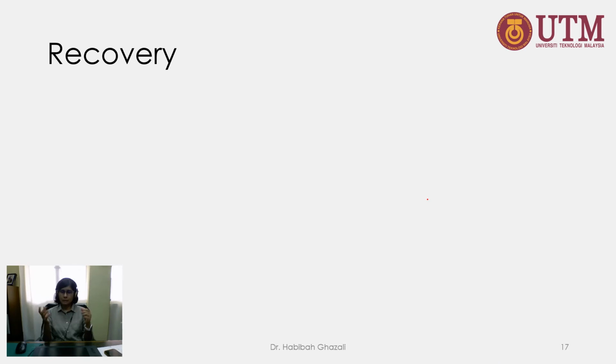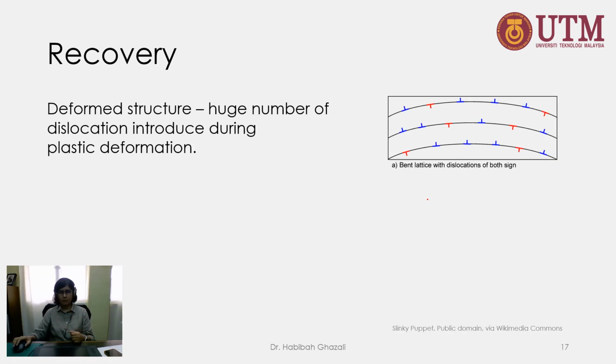I will visualize this recovery process using one grain of microstructure. Imagine I have just one grain, with a square shape here representing one grain of a microstructure that has been elongated. During plastic deformation, as I said, a lot of dislocations will be introduced during this forming process.